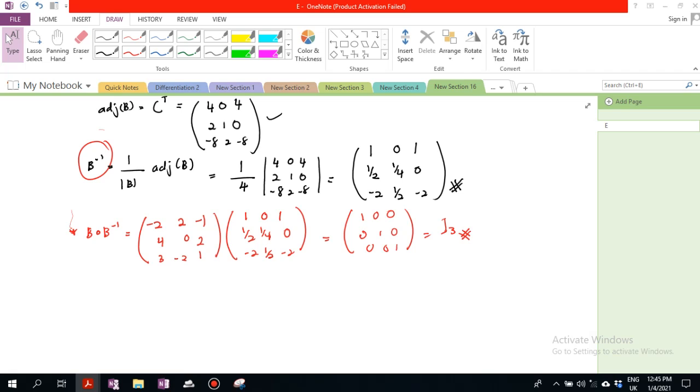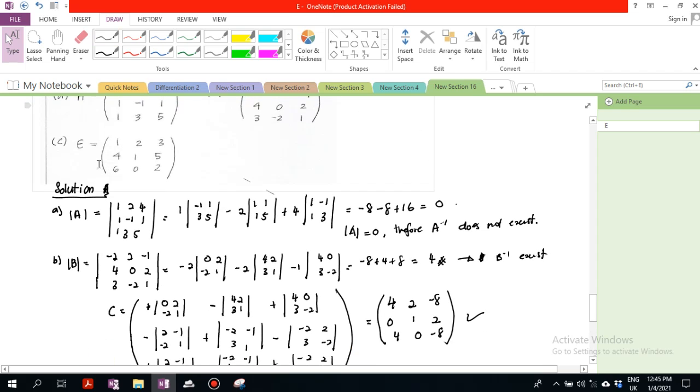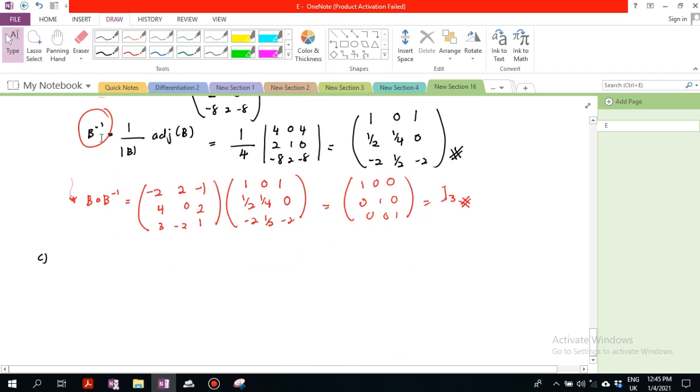Okay, next, for example, we go for example C. So find the inverse of the matrix E. E is equal to 1 2 3, 4 1 5, and also 6 0 3.